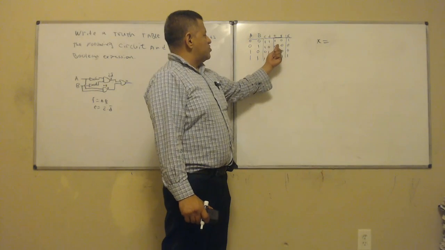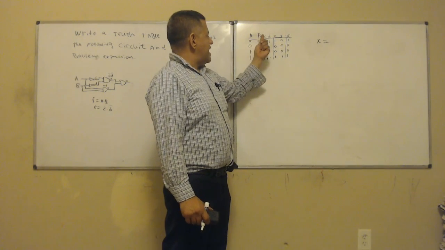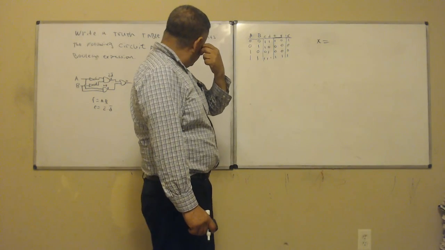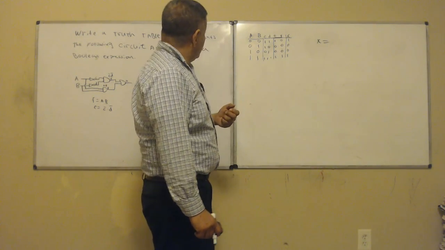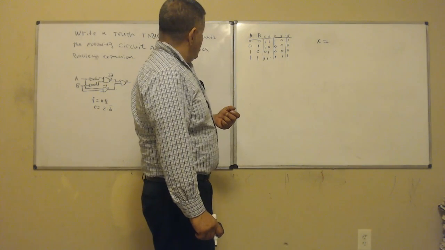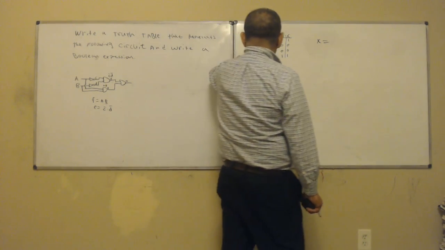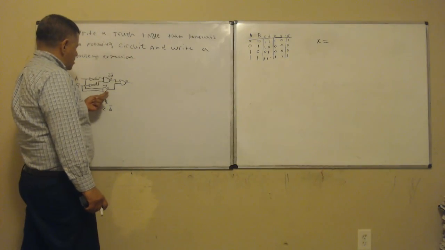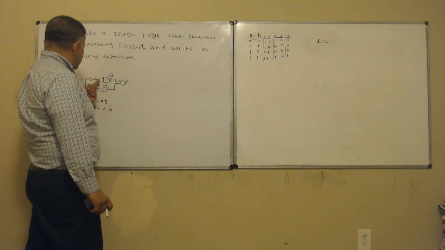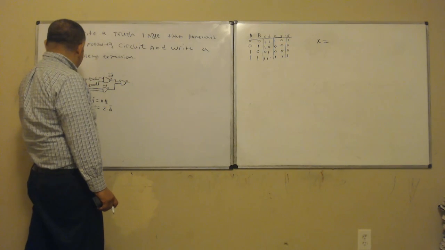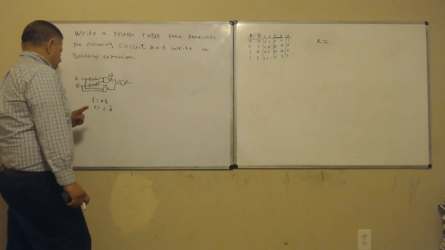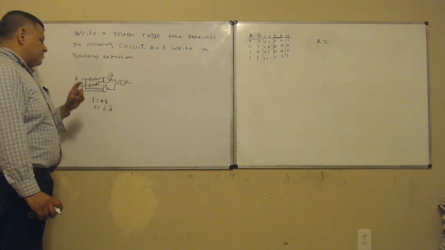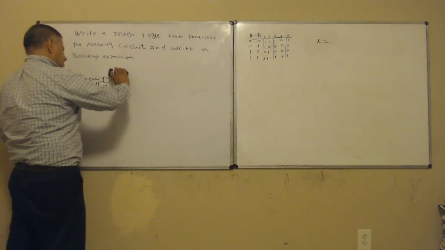X is equal to A and B, right? Because it's coming over here, A and B. Then OR is going to come over here, but remember something here, let me just write this.